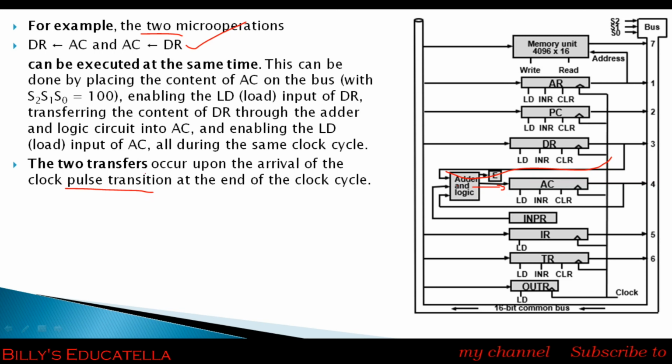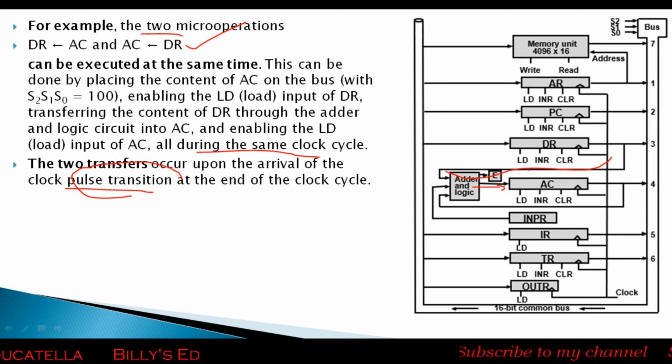Here, as I discussed, it is the same clock cycle. The transfer from the data register to the accumulator and from the accumulator to the data register occurs in the same clock cycle, upon the arrival of the clock pulse transition at the end of the clock cycle. There will be a clock pulse transition when the clock cycle has ended.